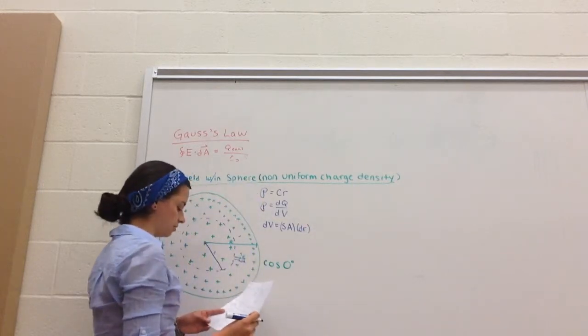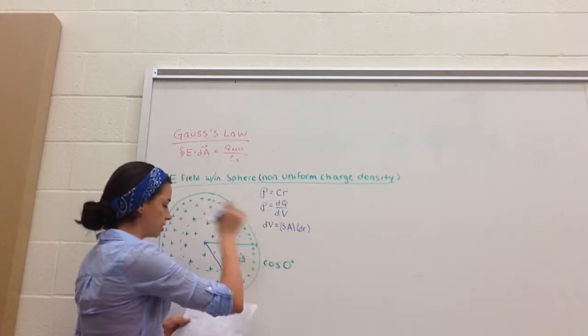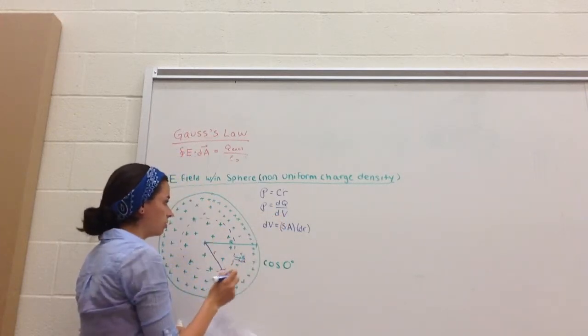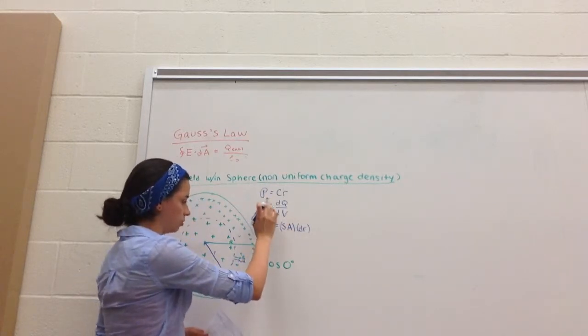Alright, now we can get to work with Gauss's law. Oh, not quite yet, actually. Now we can manipulate this equation to be dq equals rho dv.